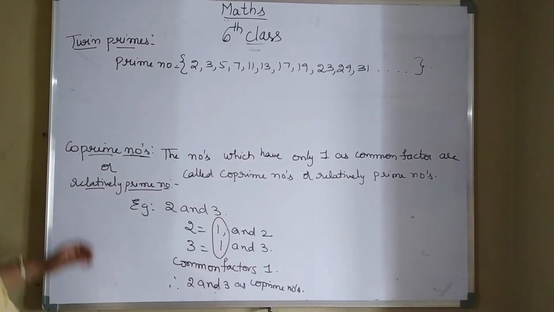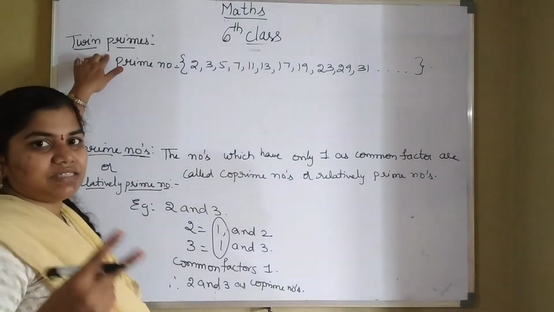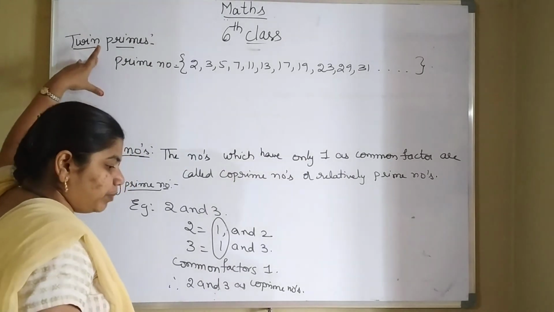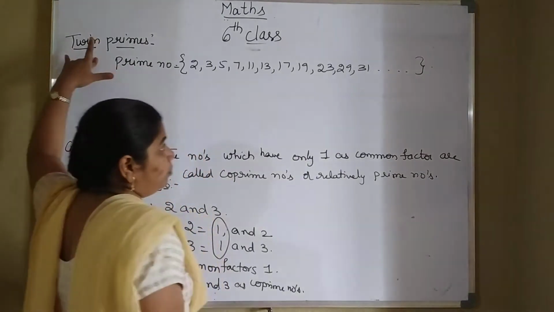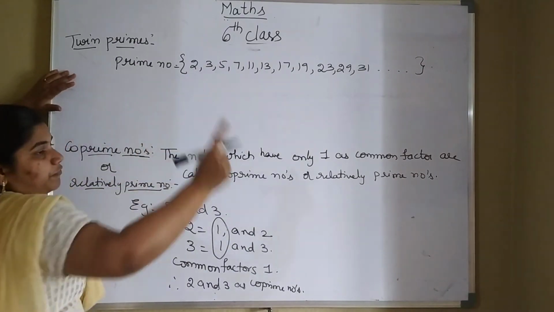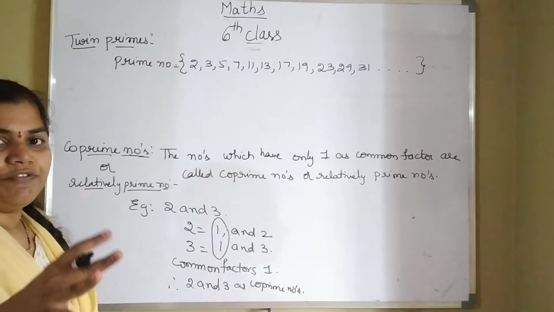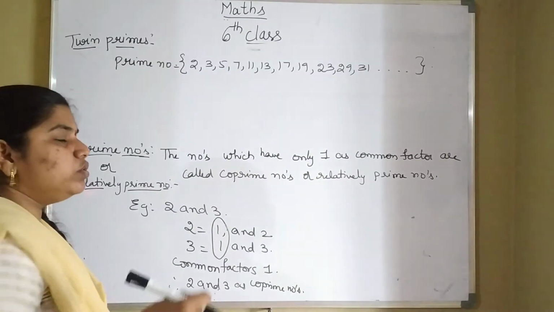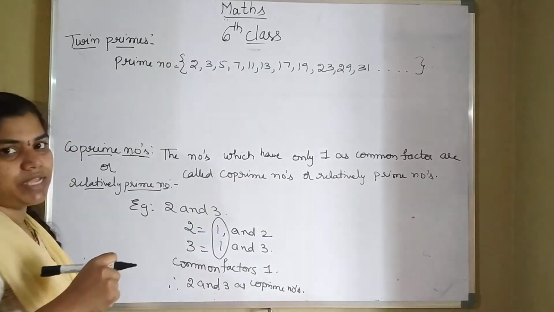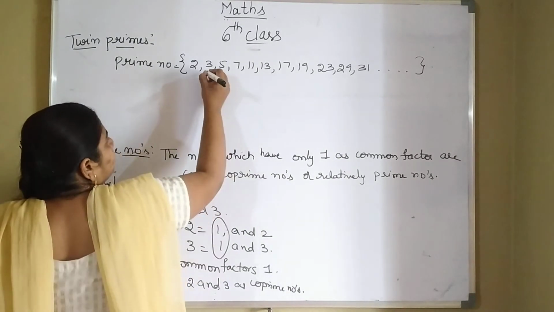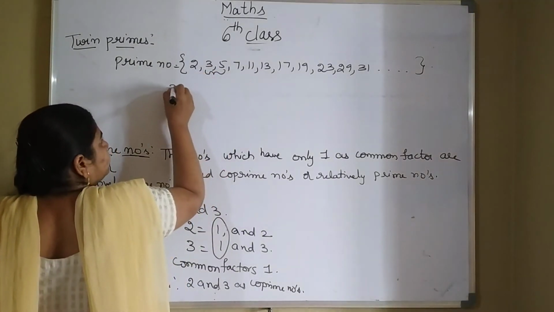We are talking about twin prime numbers. Twin is nothing but 2. So what do you mean by twin prime numbers? Any two prime numbers that differ by 2. If you take any two prime numbers, the difference should be equal to 2. So that type of numbers we will call twin prime numbers. So what are twin prime numbers here? 3 and 5.